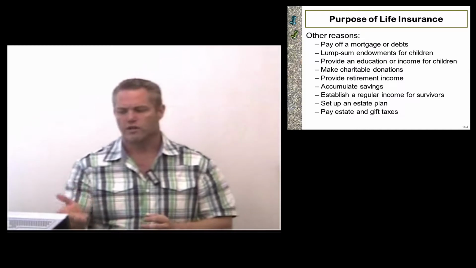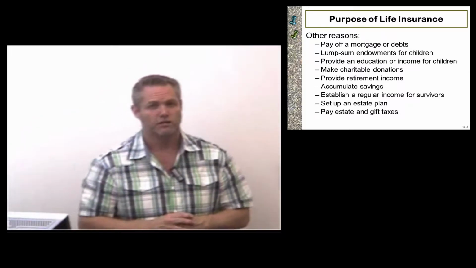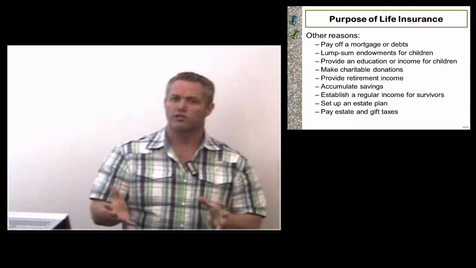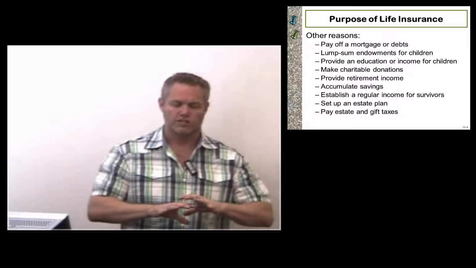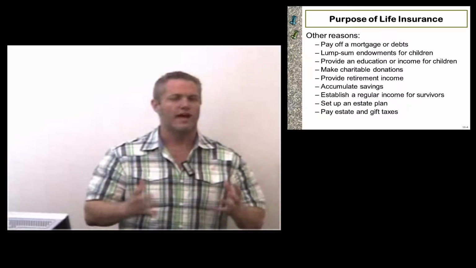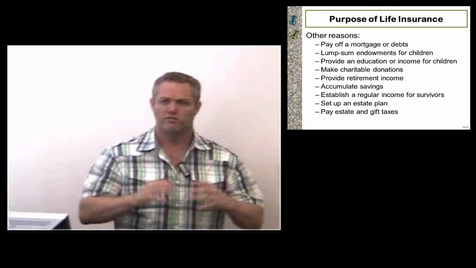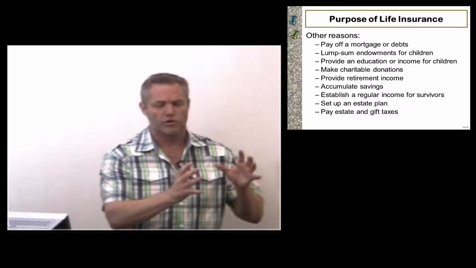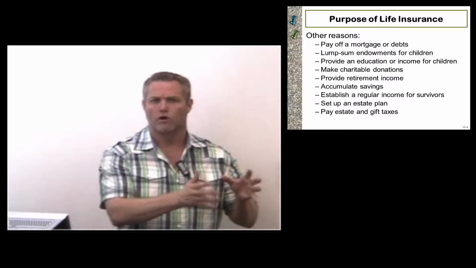We might also want to set up a fund for education. And we see that a lot with life insurance, where a significant amount of money, $50,000, $200,000, $400,000, goes into an educational fund for the kids.